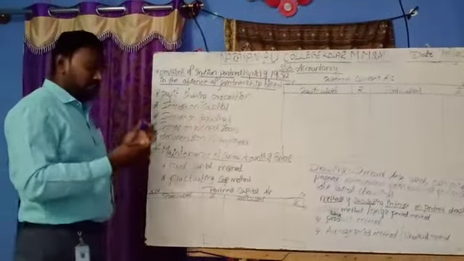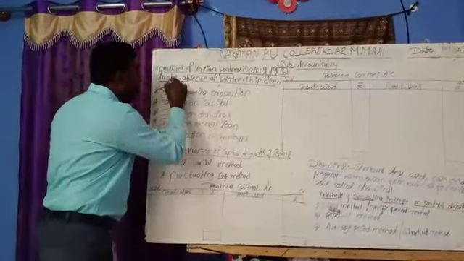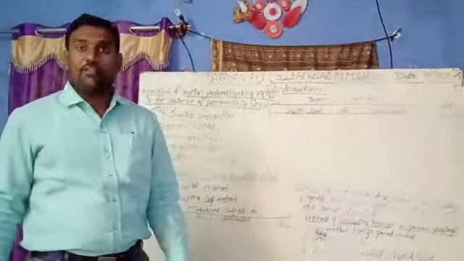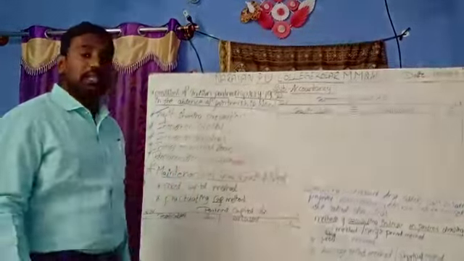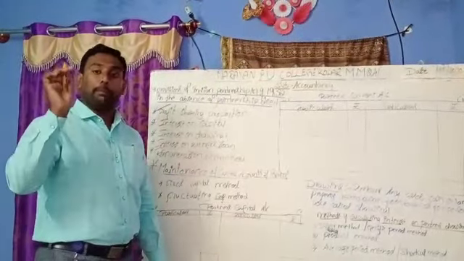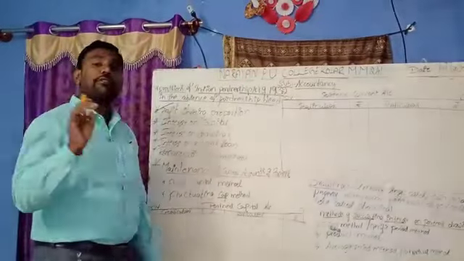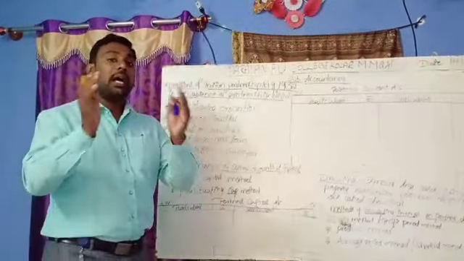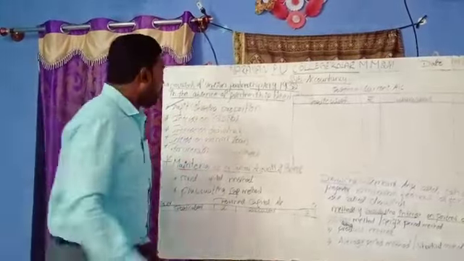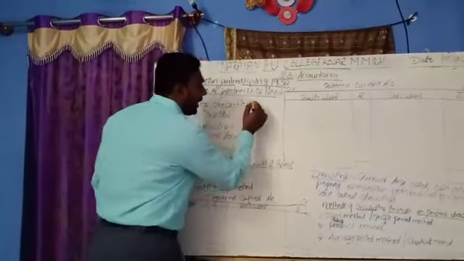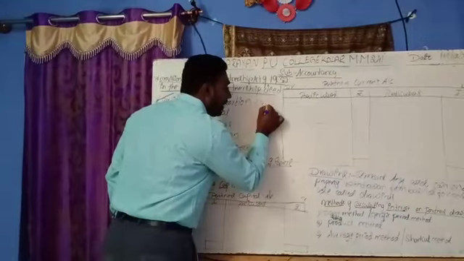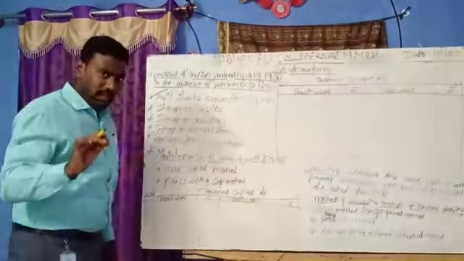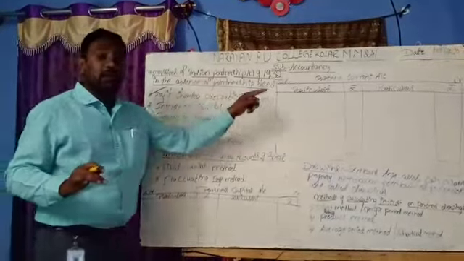The first and foremost point is the profit sharing proportion. In case of partnership, if no profit sharing ratio or proportion is mentioned between the partners, we share all the profits and losses equally.